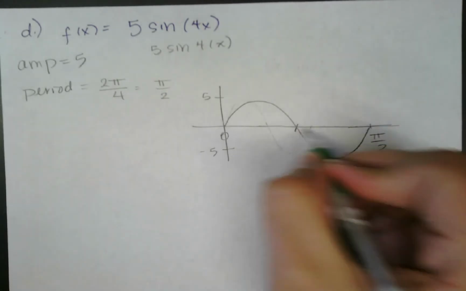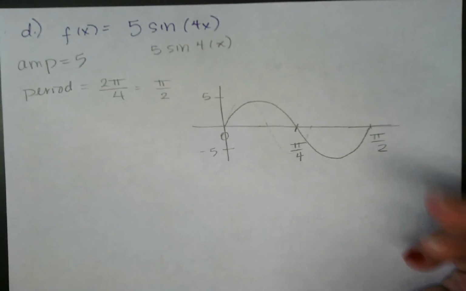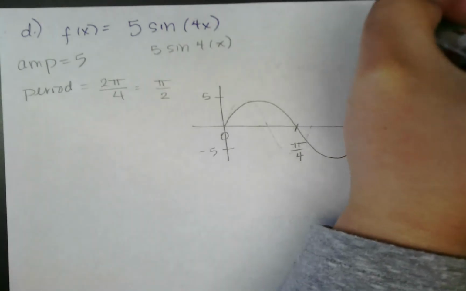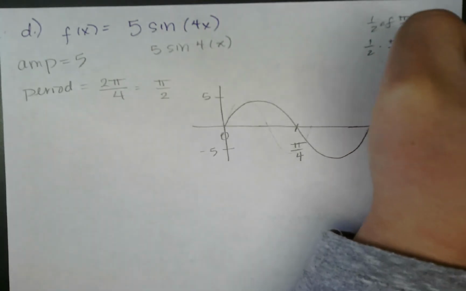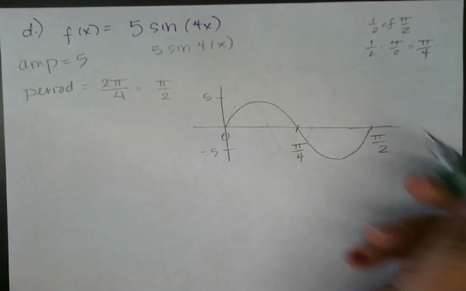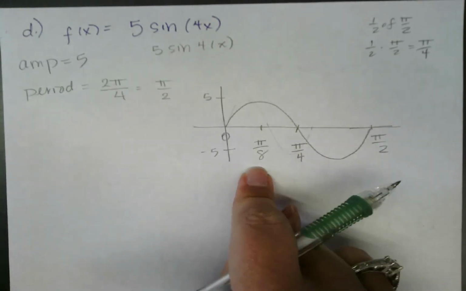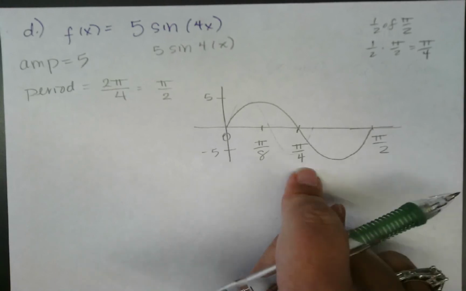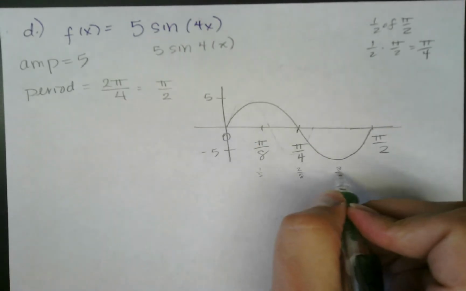So now we got to find this halfway mark. What's half of pi over 2? Pi over 4. You just multiply. Half of pi over 2, 1/2 times pi over 2, that's pi over 4. That's all I'm doing. Multiply by half. What's half of pi over 4? Pi over 8. And then count. 1/8, 2/8.